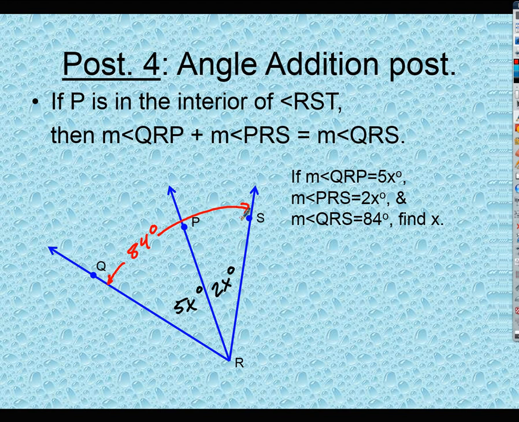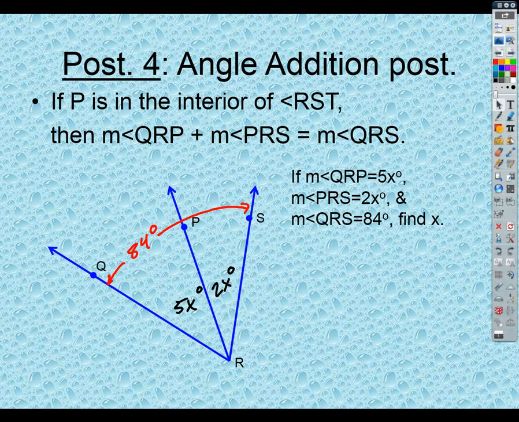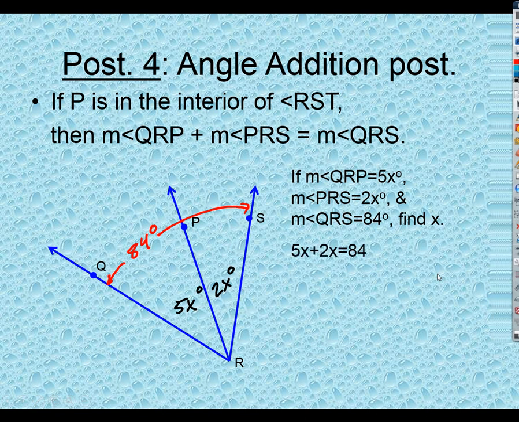Yeah, what's my equation going to be? Oh, okay, does that make sense? So I know that the measure of the left angle plus the measure of the right angle must equal the total measure of the big angle by the angle addition postulate, right? So we get that, right?